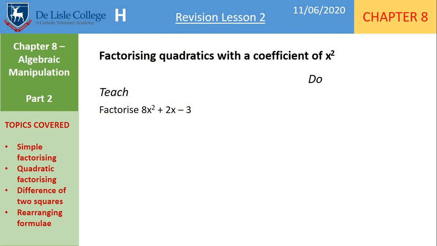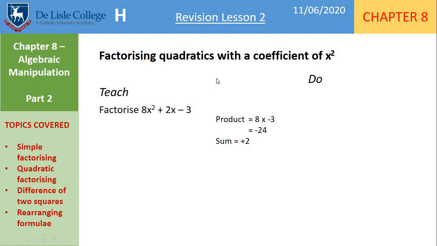But I'm going to stick with the other method that we learnt when we were teaching this topic, and that was the one where we split the middle term. So the first thing to do, this time we're looking for a number where the product is negative 24, and that has come from multiplying the coefficient of x squared and the constant term, so the 8 and the negative 3.